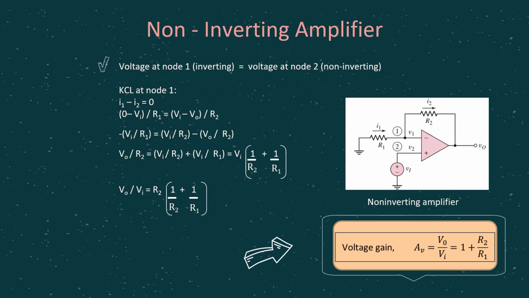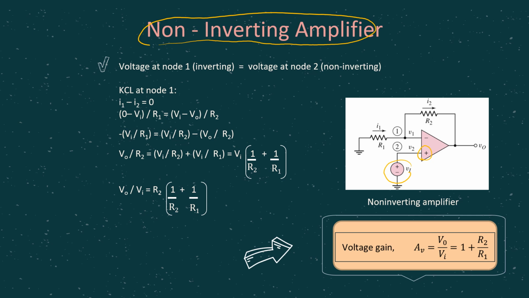Now we come to the second type of op-amp circuit, which is the non-inverting op-amp. As the name suggests, it is the opposite of the inverting op-amp. As you can see here, now the input voltage is connected at the non-inverting terminal, but the resistors are still at the inverting terminal loop.